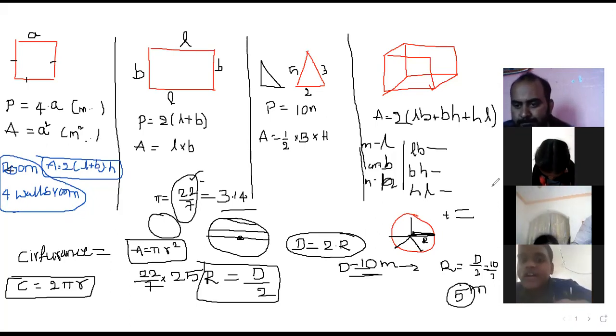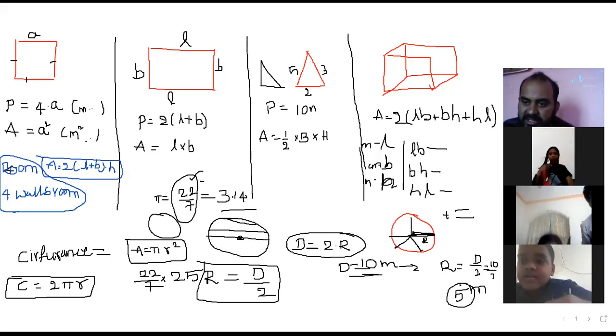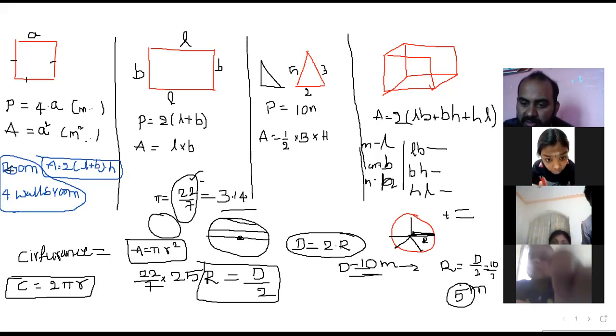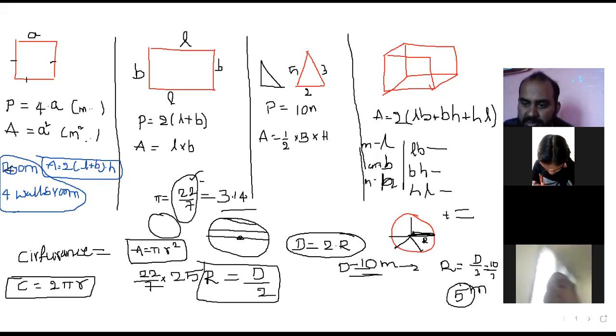Sir, I did area, perimeter. If there are some doubts, then ask me. Take a snapshot and send me. I will solve it and tell you the solution. I will give the solution.